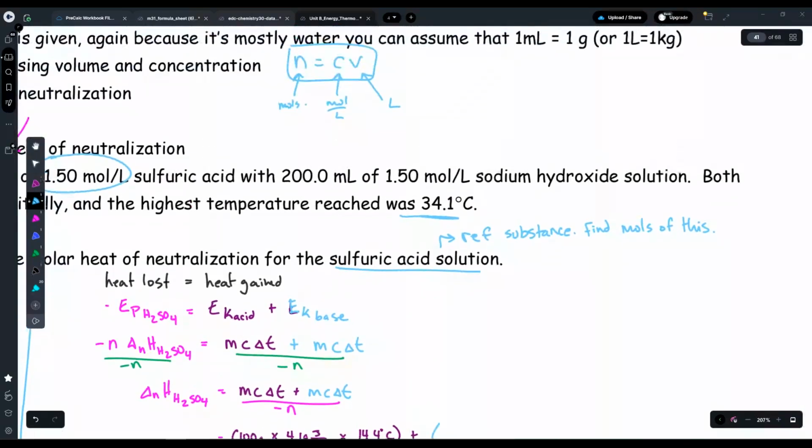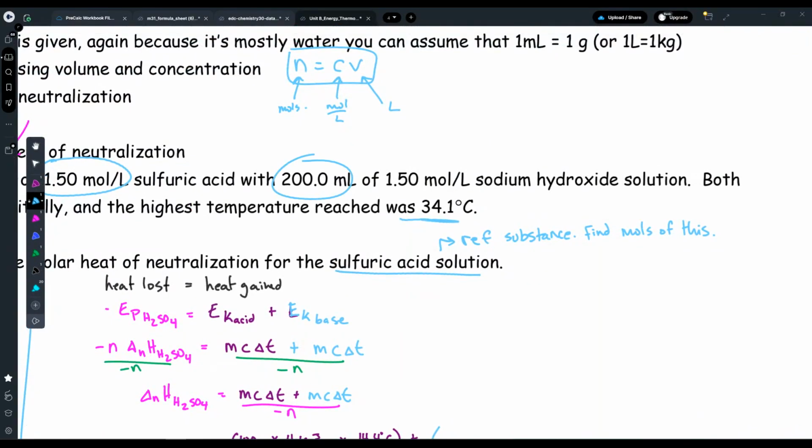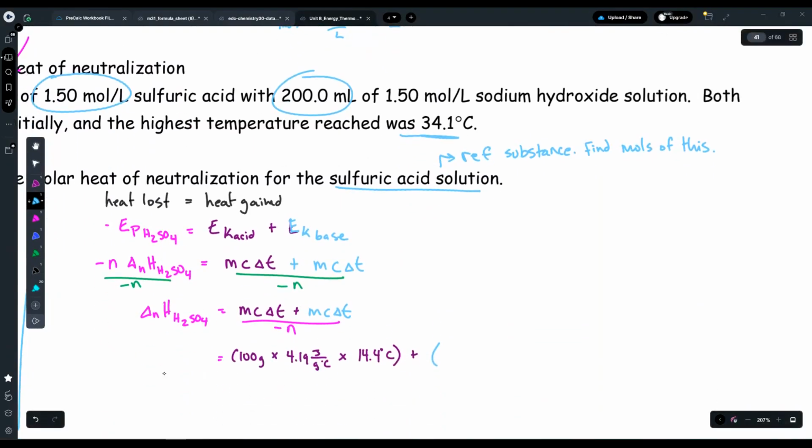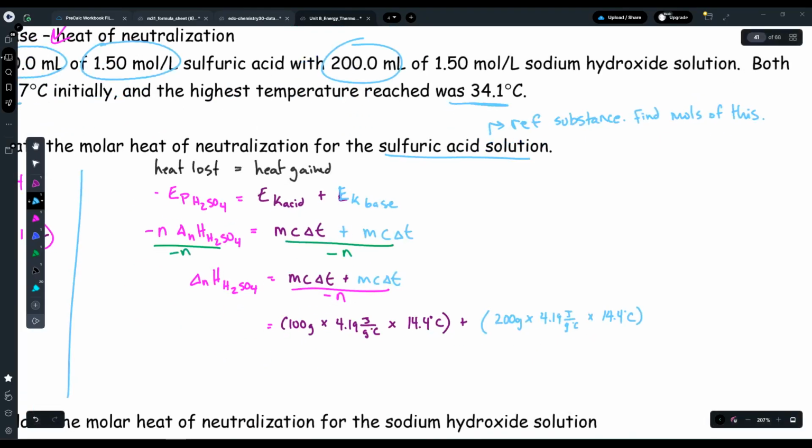All right, for our base, we had 200 milliliters. So that's going to be 200 grams times 4.19 joules per gram degrees Celsius times 14.4 degrees Celsius.